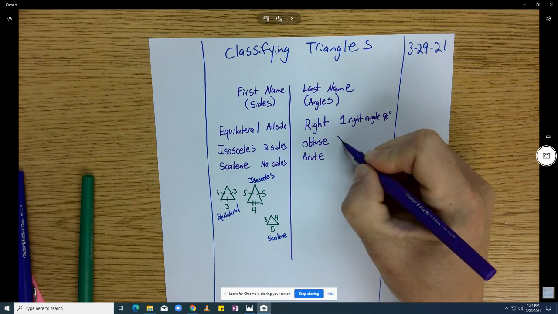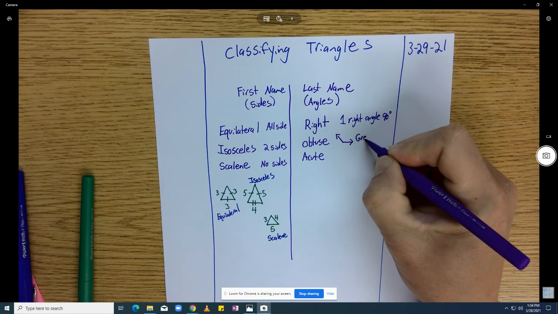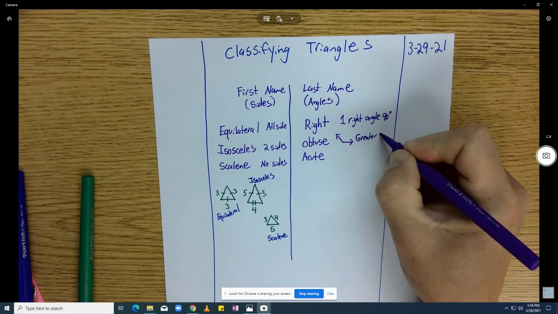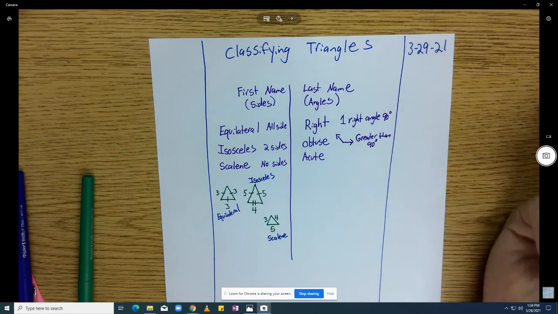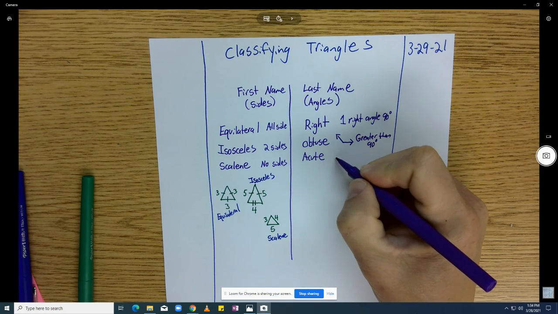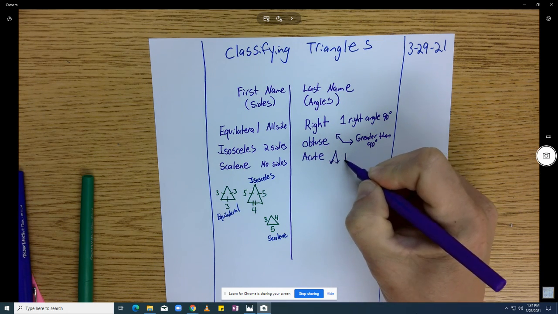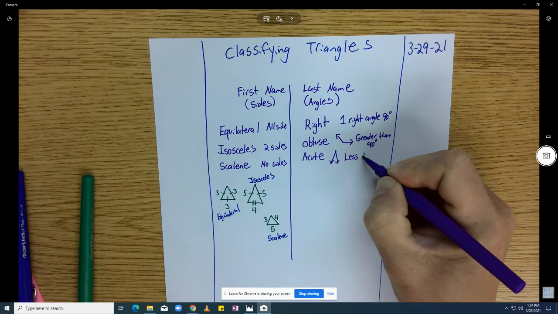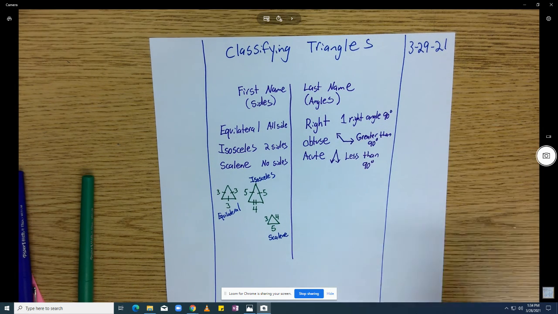If it has one angle that is greater than 90, even one angle that's greater than 90 is going to be obtuse. And if they are all less than 90, then it's going to be called acute, okay?